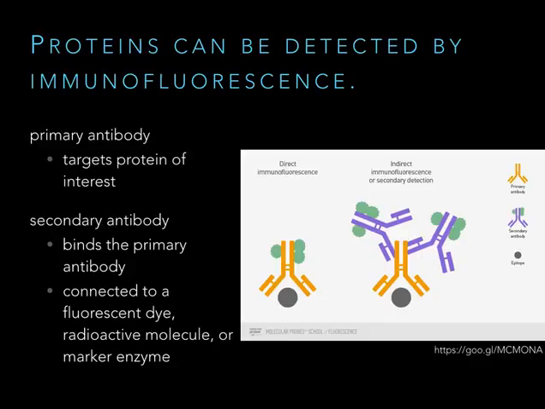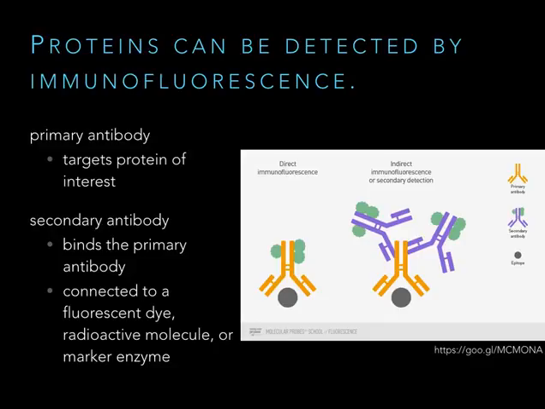Sometimes you have direct immunofluorescence where the same antibody that identifies your target actually has some sort of marker, like a fluorescent tag or something like that. And that's what we see on the left side of this illustration. So the little gray circle on the bottom, that's your protein of interest, whatever it may be. That yellow antibody shown on top of it would be what we call the primary antibody because it directly binds the protein of interest.